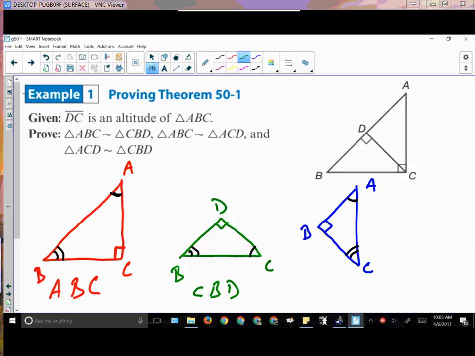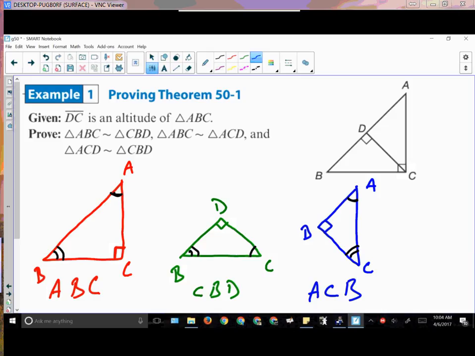Why? Because A goes to C, B goes to B, C goes to D. When I get to the last one down here, A, C, and B. So we did this before when we were looking at congruent triangles. We still need to make sure that the vertices are listed in the proper order.